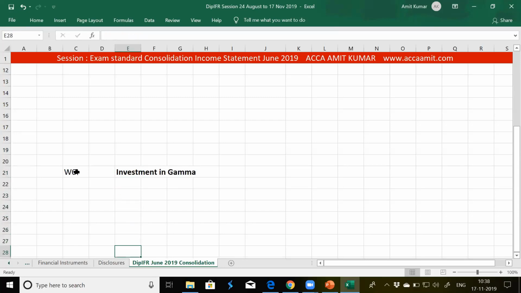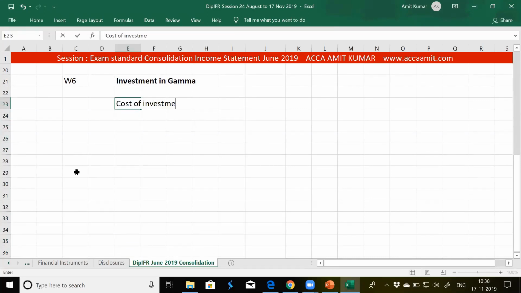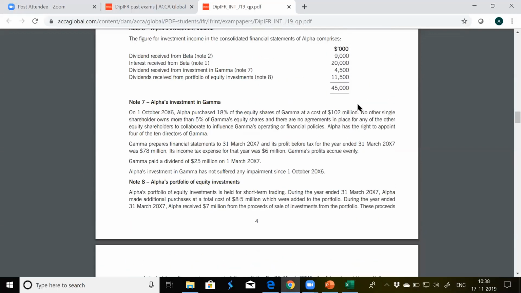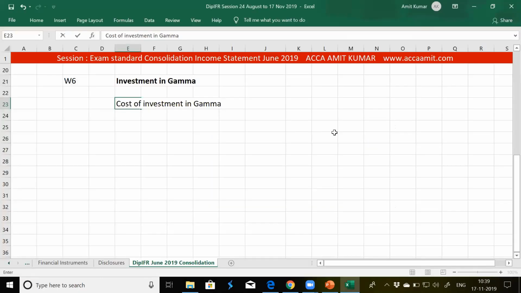What is the cost of investment in Gamma? It is given to us as 102,000. I'm rounding to thousands, so 102 million. Investment in Gamma is 102,000.